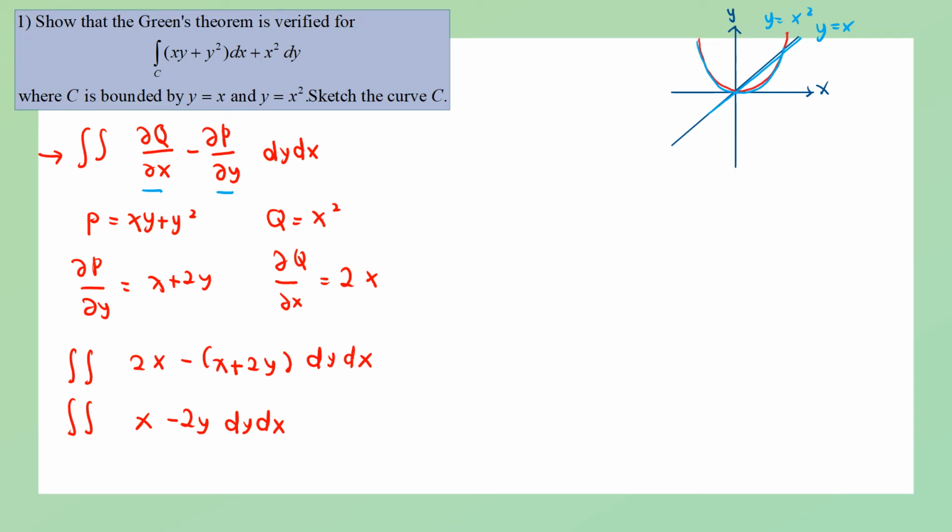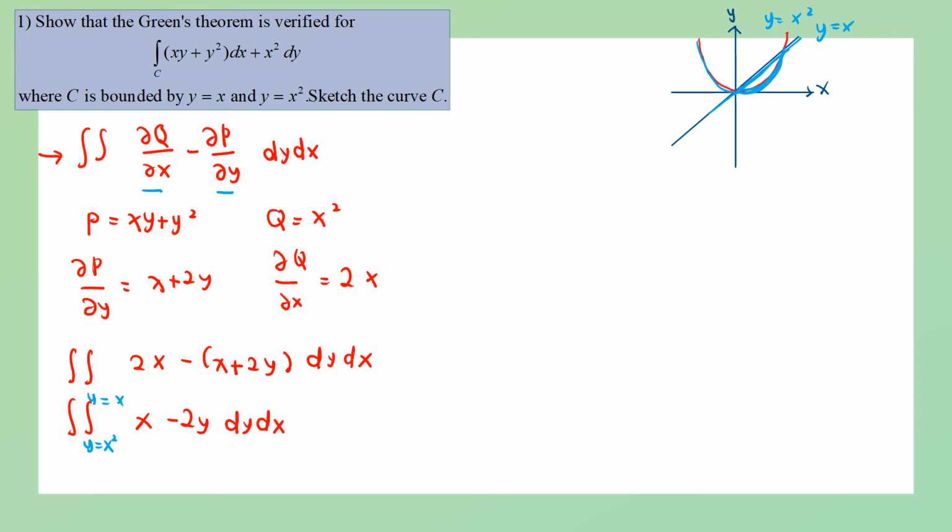Let me find the limit for dy first. You can see here we have two curves. Which curve is below the other curve? You can see obviously that y equal to x squared is below y equal to x. So y equal to x squared will become the lower limit, and y equal to x is the upper limit.